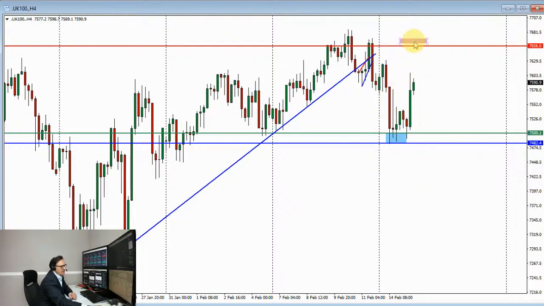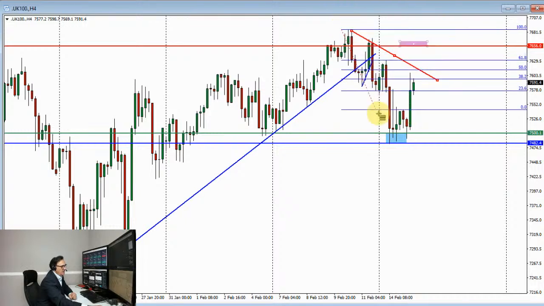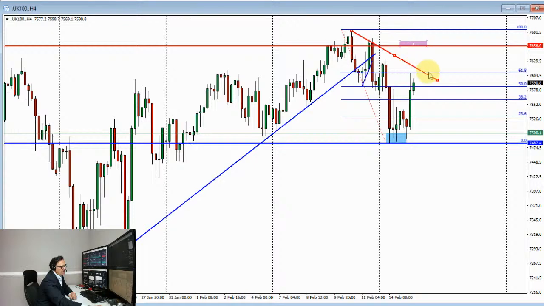There is another reason why this could be of interest to me as well. If I do this, I have a falling resistance trend line, and I would also apply a fib from here to here, and that gives me a 61.8 where this swing high is. So really a breakout is required above this area for the potential continuation to the upside.